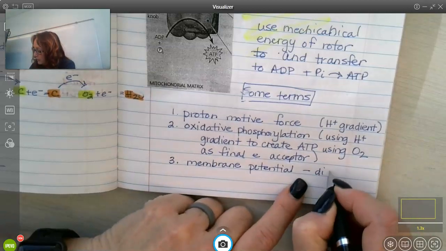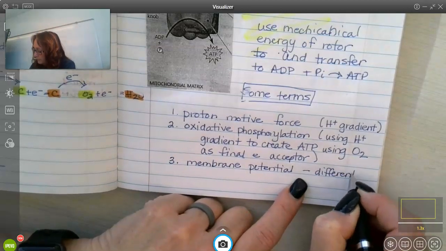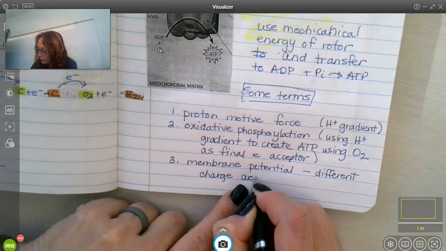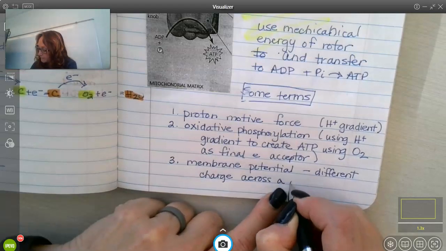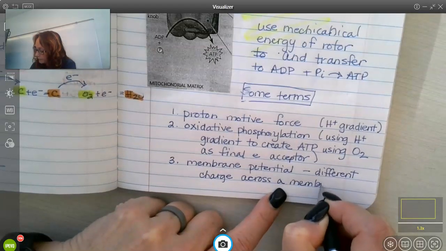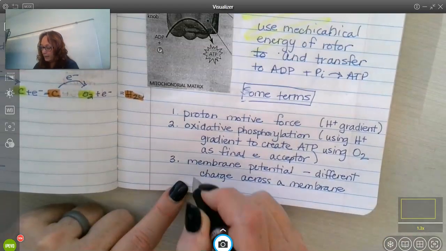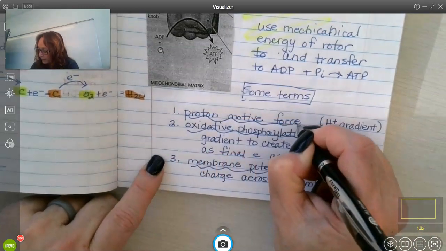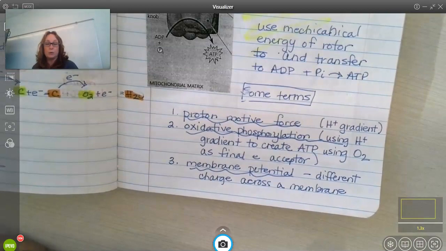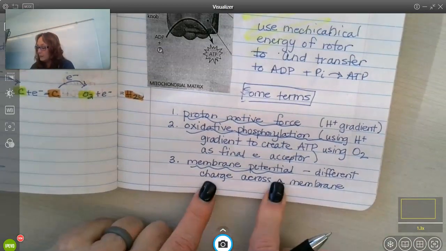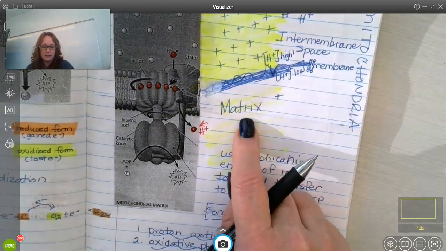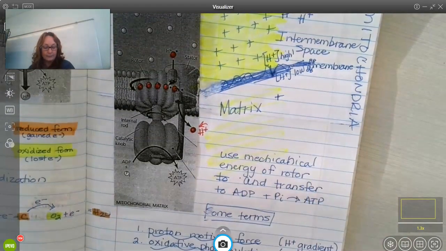So this is different charge across a membrane. Okay, those are our fancy words. And let's go back to this one. What does this mean? Well, I have more positives here than here. That's a difference in charge. Okay?